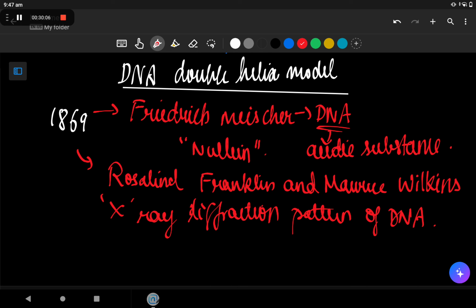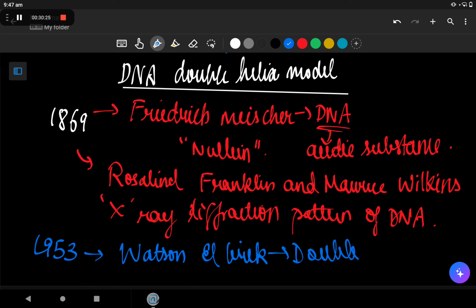Until then, they didn't know how DNA looked. Two people, Watson and Crick, gave the double helical structure of DNA. When they presented this model, it was very big. Actually, DNA is a very small molecular structure. But how did they give such a big model? Only because of the X-ray diffraction given by Rosalind Franklin and Maurice Wilkins.